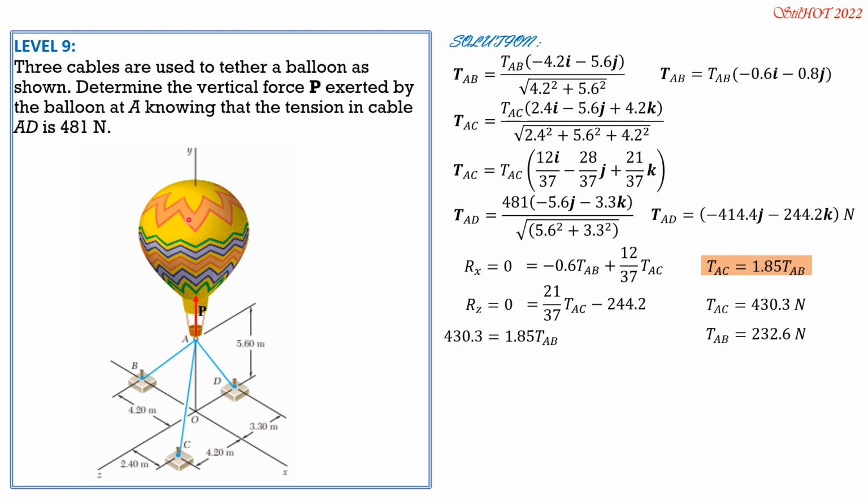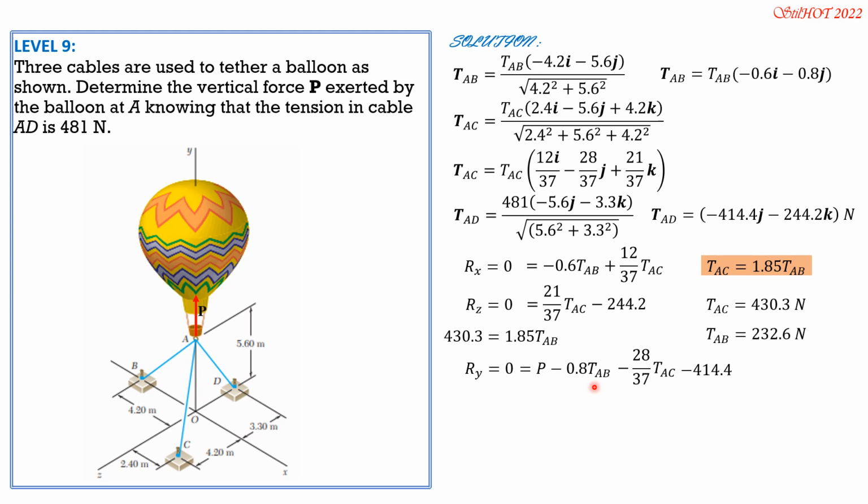Finally, RY, vertical equals 0, and it is equal to positive P minus 0.8 tension AB, then minus 28 over 37 tension AC, then minus 414.4.